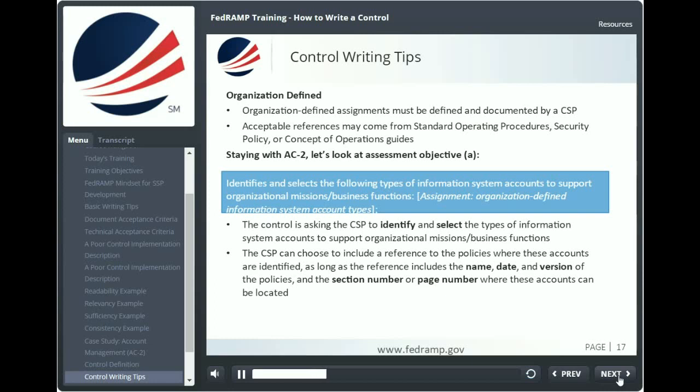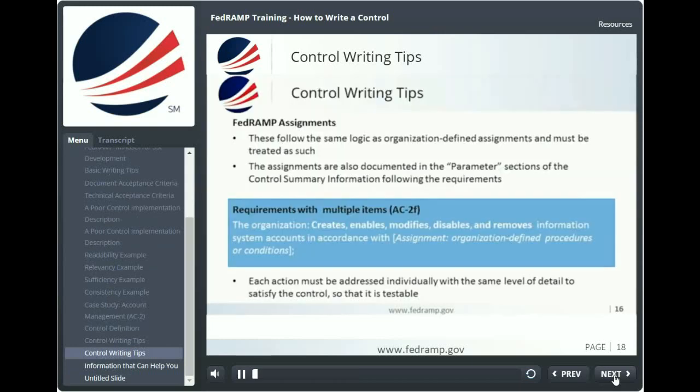Now the CSP can choose to include a reference to policies where these accounts are identified, as long as the reference includes, as I've been saying throughout this training, the name, the date, the version of the policies, and the section number where these accounts can be located in those documents. The assignments are also documented in the parameter sections of the control summary information following the requirements.